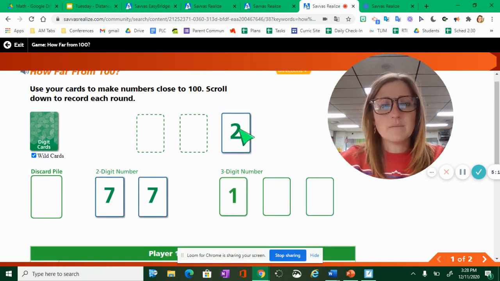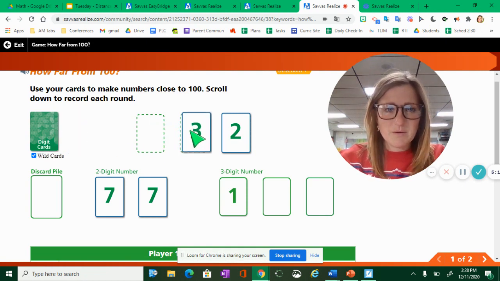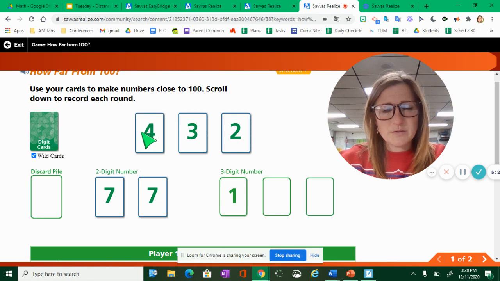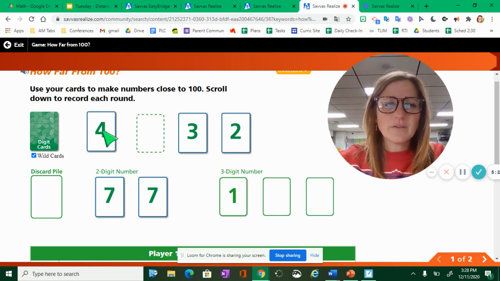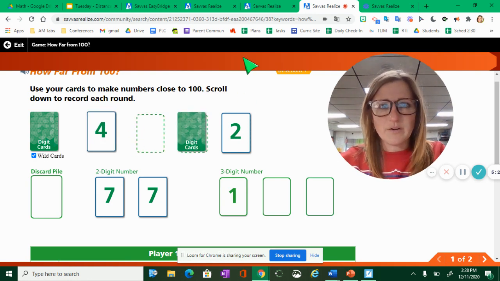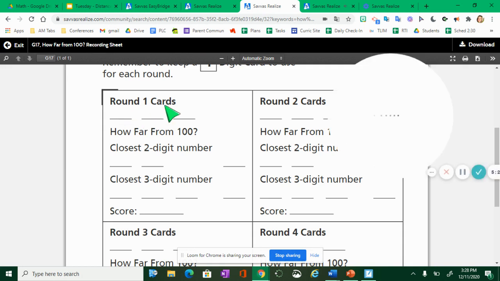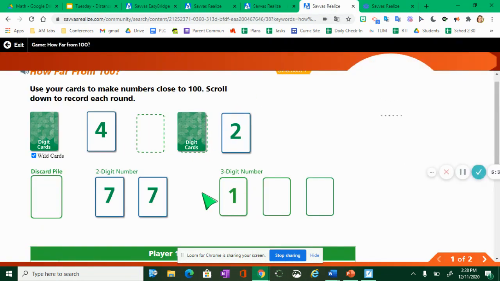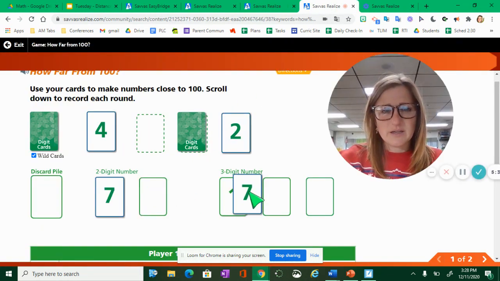And then my 3-digit number. I may have read the directions wrong to you guys. Maybe you can draw 3 new cards. Actually, no, I don't think that's the case because you can only write on your recording sheet the 3 cards that you have. So then I have to use my 77. I'm trying to get as close to 100 as I can.